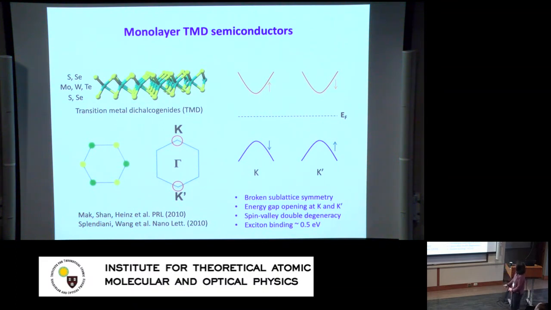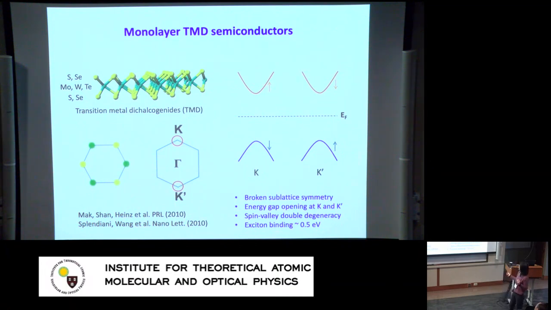And we have spin out of plane, Sz, as a good quantum number, but spin and valley are locked, so it has time reversal symmetry. So we have double degeneracy, not full four-fold degeneracy like in graphene.